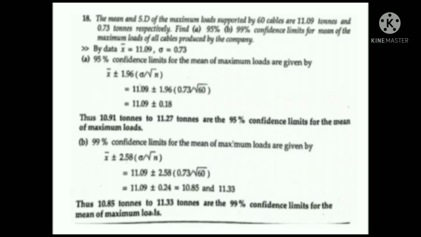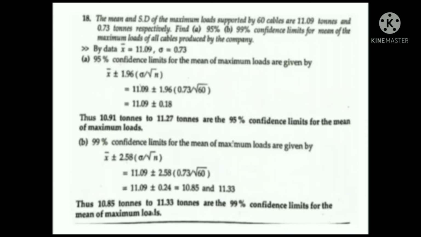That's what we should understand. And we need to find the 99% and 95% confidence limits for the mean of the maximum loads of all cables produced by the company. So this is the question, and let us see how we are going to solve it.